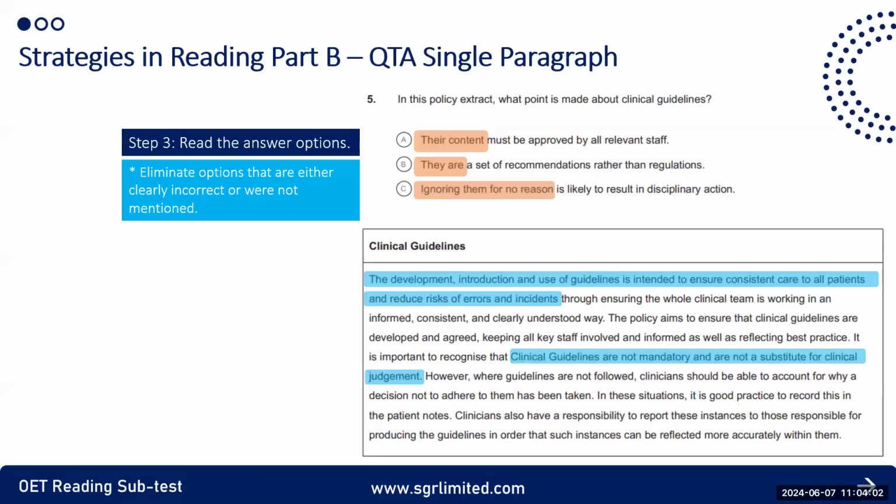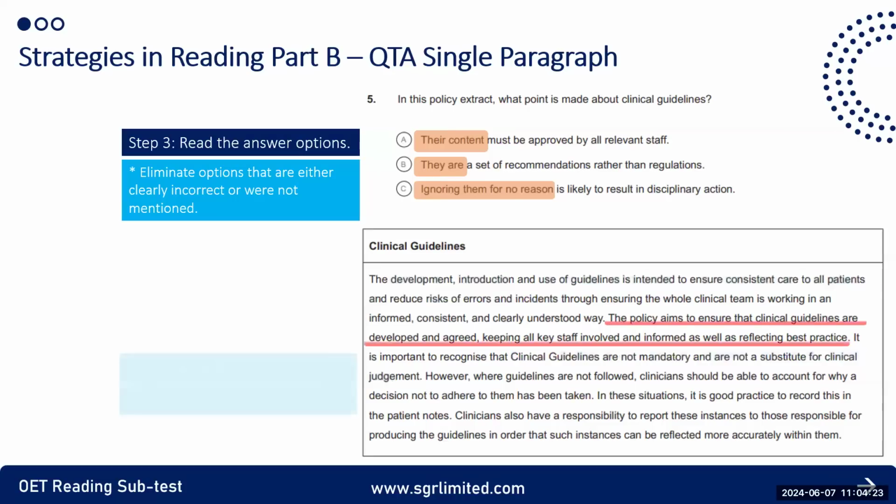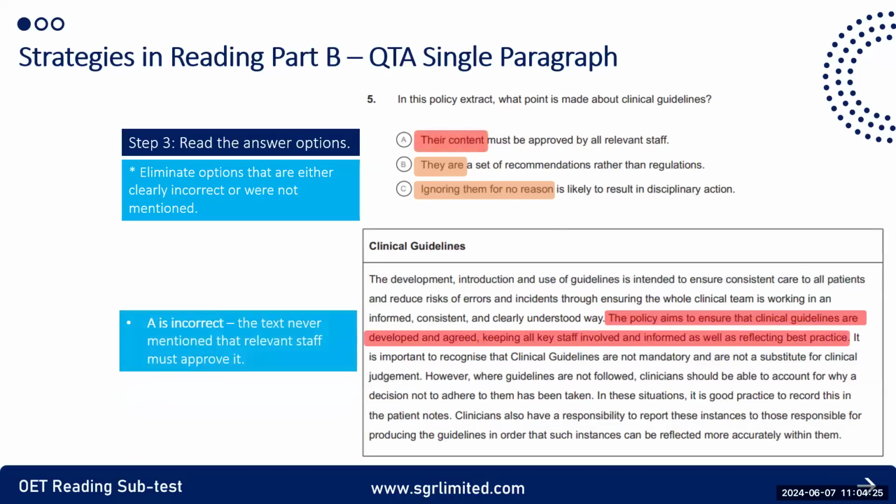Although key staff is mentioned in the second sentence, this is in the context that the aim of the policy is to keep all key staff involved and informed, as well as reflecting best practice. And therefore, we can eliminate letter A. It's incorrect because the text never mentioned that relevant staff must approve the content.